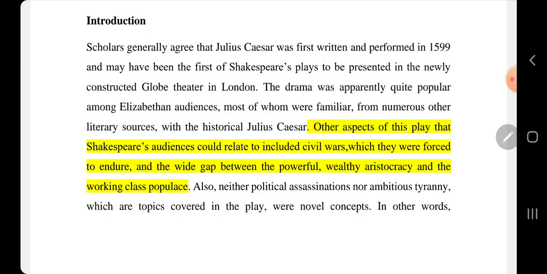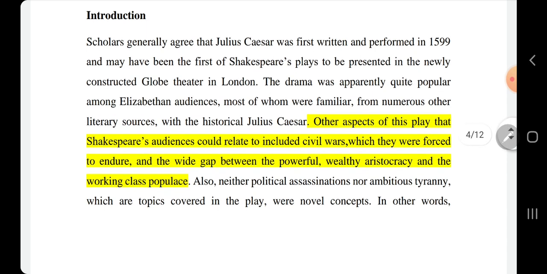So, student, this is very important, especially the civil wars that will happen in the play. We will not actually go through it now, however, I will just explain a little bit of it. Civil wars are happening at that time during our play Julius Caesar.